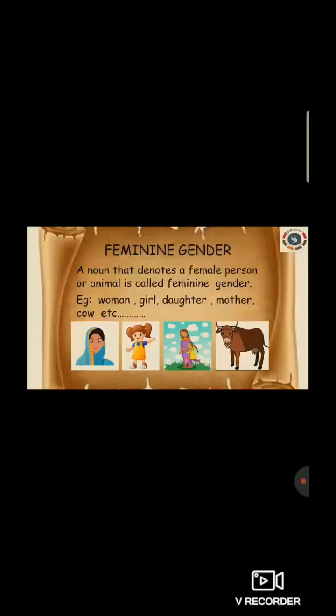So students, can you see the pic downside? Yes, the very first one it's a woman, then girl, daughter, right? Mother, because there are two pics. Daughter is there as well as her mother, right? And the last one it's a cow, etc. Means many more. So students, everyone understood what is feminine gender?